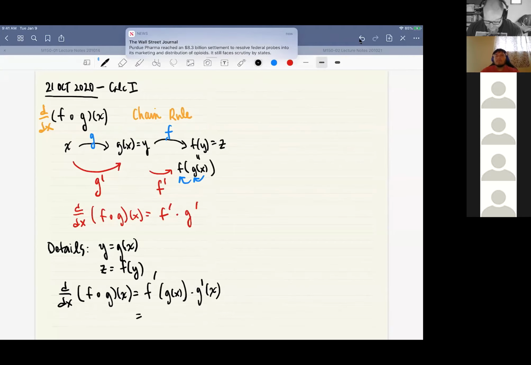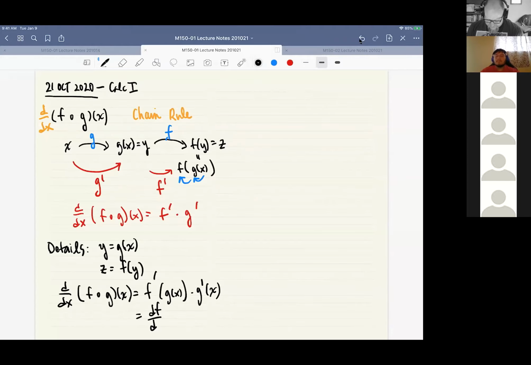Another way we can write it is we can say the derivative, the chain rule of the composition, is df dy times dg dx. And another way we can write the chain rule is dz dy times dy dx.